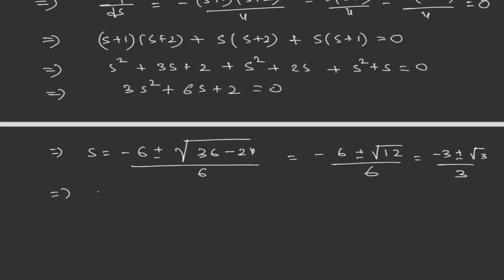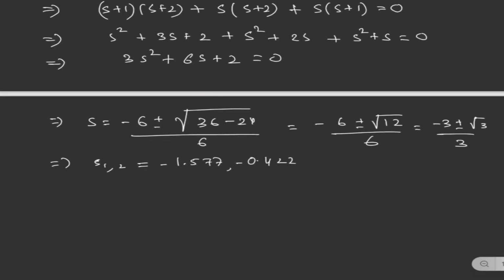Since there are two roots, we denote them s1 and s2, which come out to be -1.577 and -0.422.